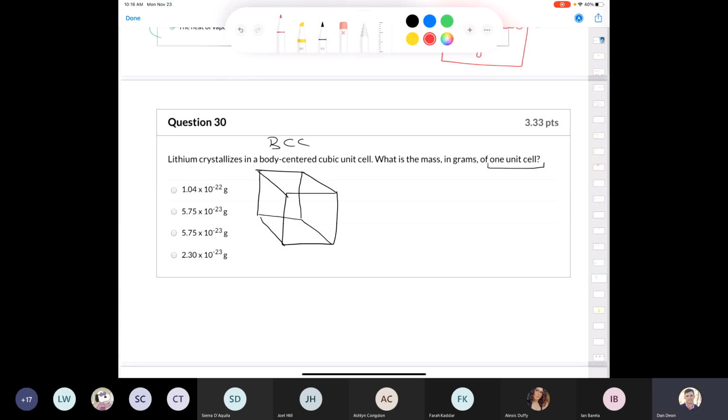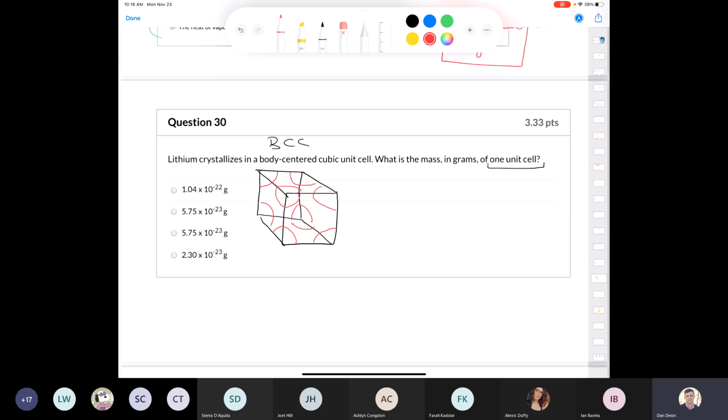we know that in a simple cubic cell, there's going to be a sphere at each corner, right? 1, 2, 3, 4, 5, 6, 7, 8, like that. Well, remember, we only count the part that's inside the cube. We're going to have 1 here, here, here, 1 in the back here, 1 here, and 1 here, and 1 here, sorry, like that.